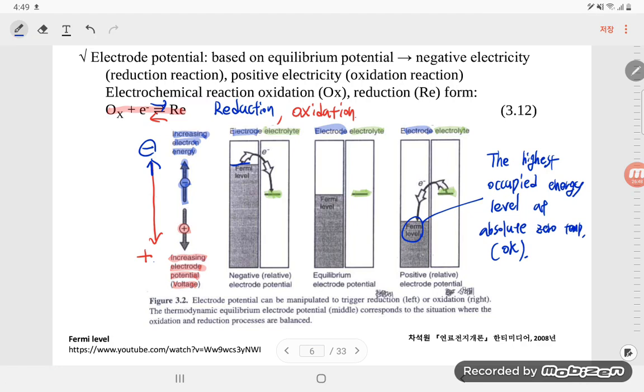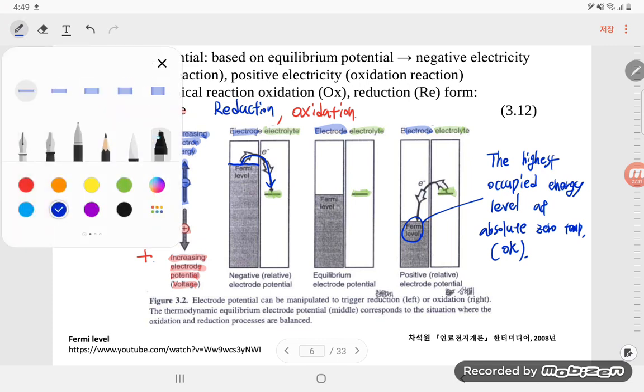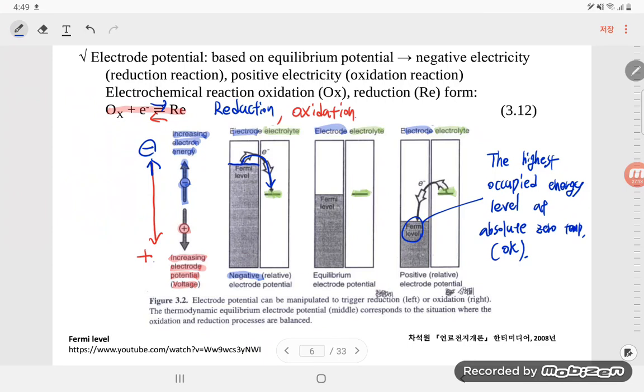So if in this case the Fermi level of the electron has a higher electron energy than the chemical species in the electrolyte, then the electron can be transferred from the electrode to the chemical species. So we can call it a negative electrode potential, because it has a higher electron energy.